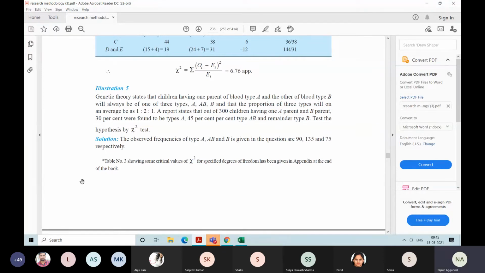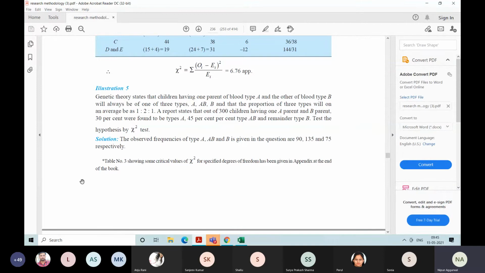Now you have to check again. So this is the observed, and the expected frequencies are given to you. Out of 300 children, they are a total of 300 children. So again, all the data is in the form of frequency only. So you can apply the chi-square test to check whether the genetic theory and my report have a goodness of fit or not.